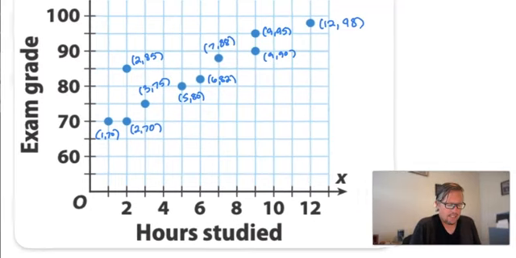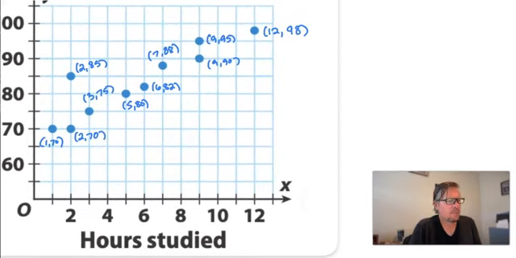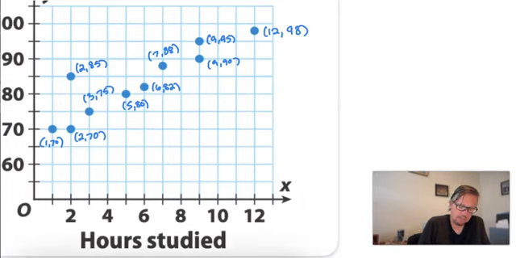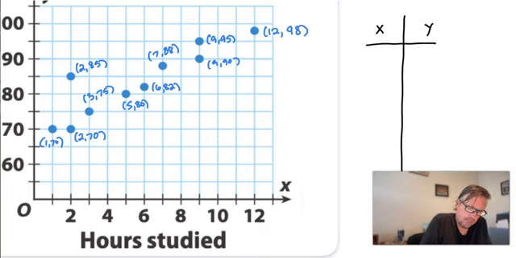And if we were going to write this as a table, and I'm going to make a table because we already know how to identify a function from a table, my x coordinates, let's see, I've got 1 was our first point, and then we have a 2.